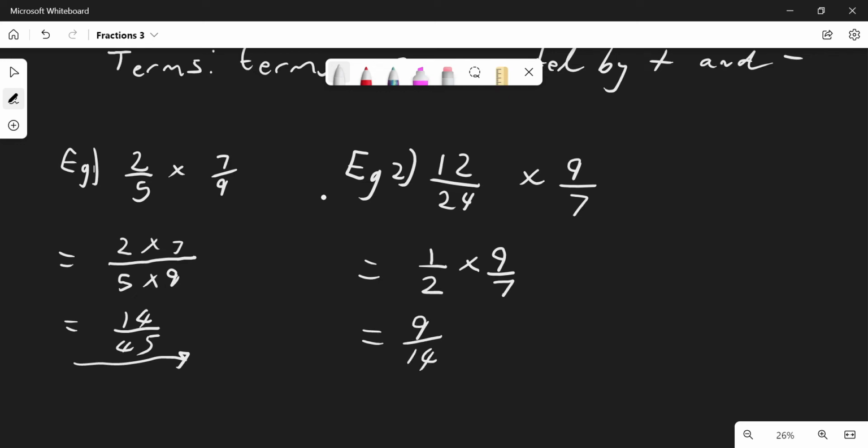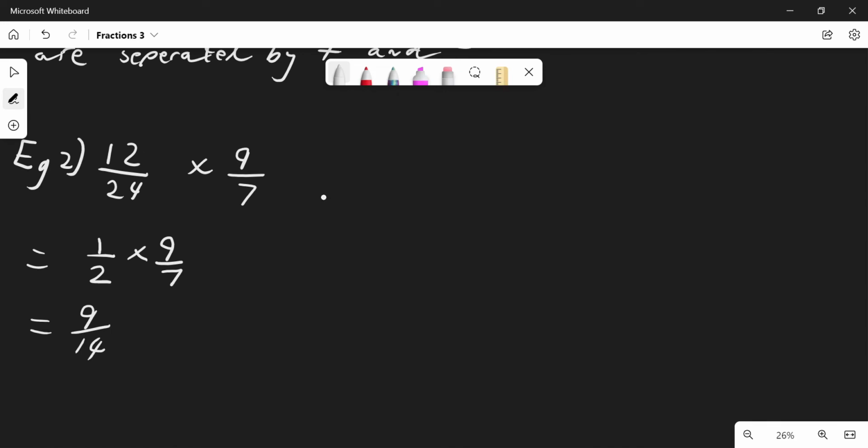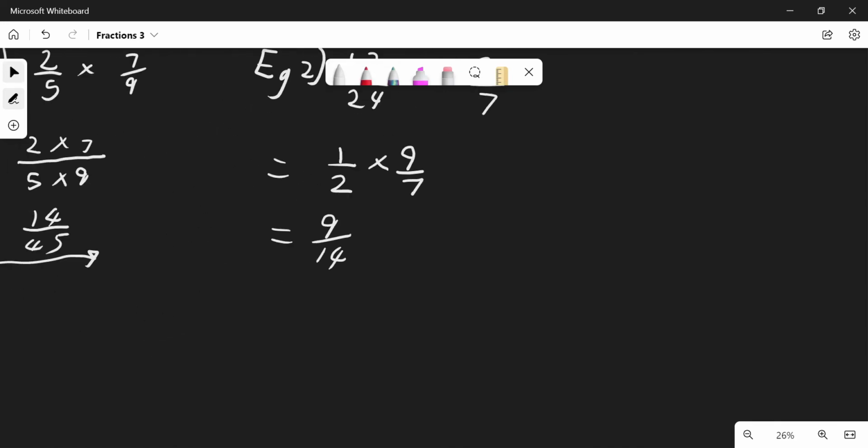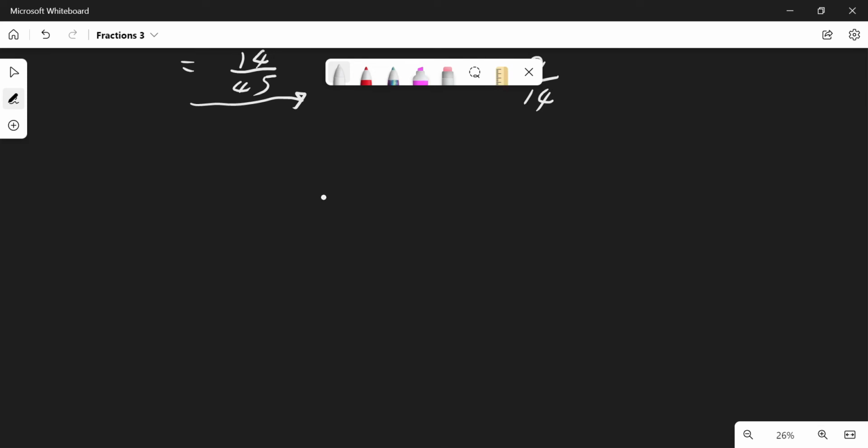But what about cross simplifying? When you're multiplying, you are allowed to simplify. These are the two types of simplification. First, simplify the numerator and denominator in a single fraction.